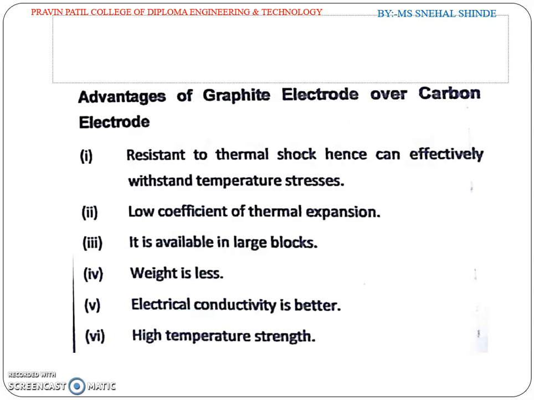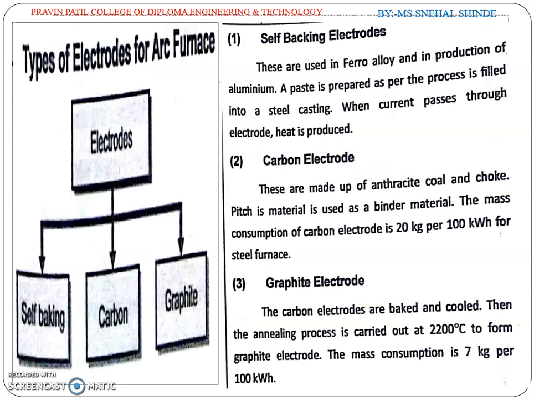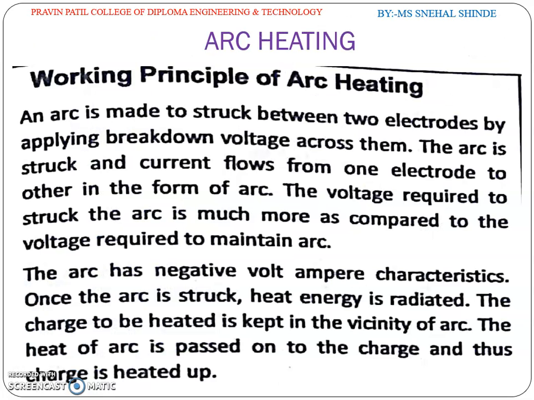We have also covered the properties that the material used for electrodes should have. Then we have seen the types of electrodes, that is carbon, graphite and self-baking. And we have seen arc heating and its working principle, and we will discuss the types of arc heating in our next video. Thank you.